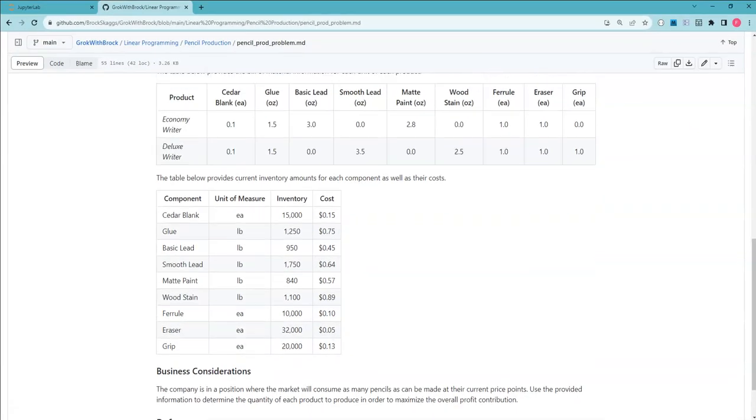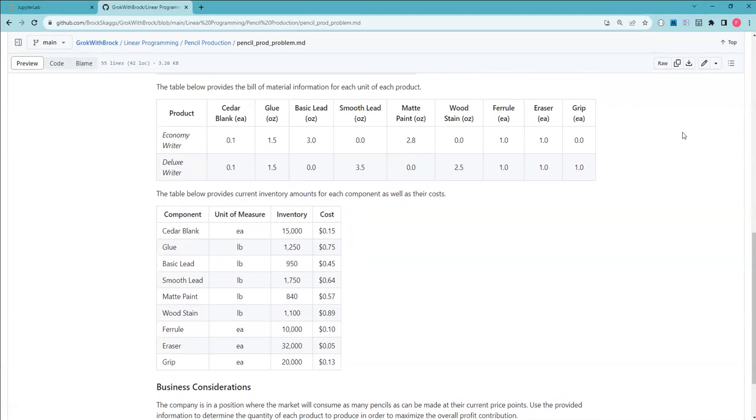Alright, so the materials, we'll need to know information about the bill of material as well as our inventory table down here as well. And so we can follow a similar line of thought to what we just did for the labor, and we could look at every one of these components and calculate the cost that would be generated by using that component when we run our production run.